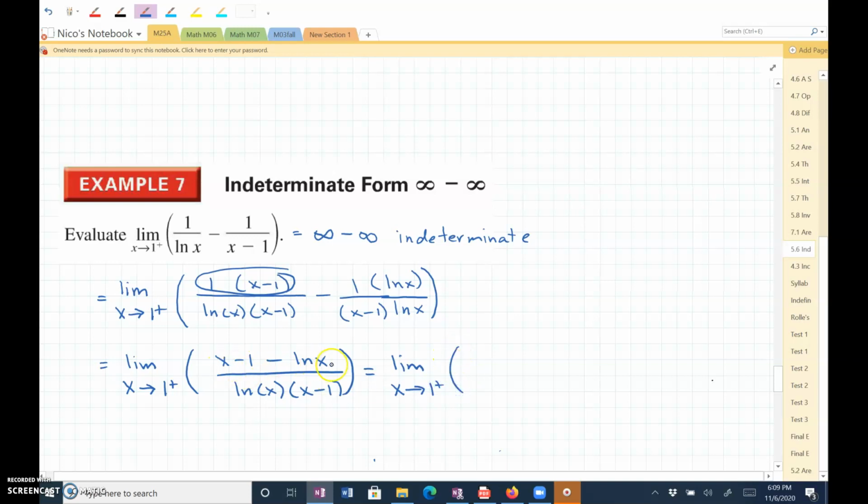So now the derivative of the numerator would be 1 minus 0 minus 1 over x, all over, let's see, this is going to be the product rule: the first times the derivative of the second, plus the second times the derivative of the first.